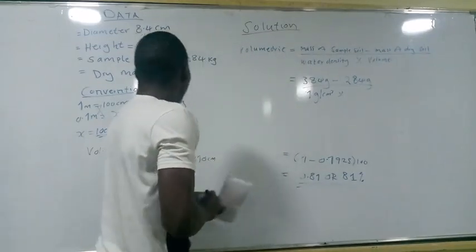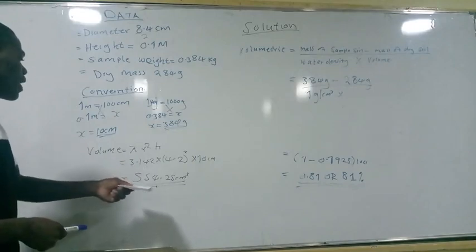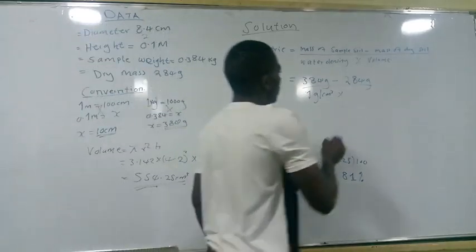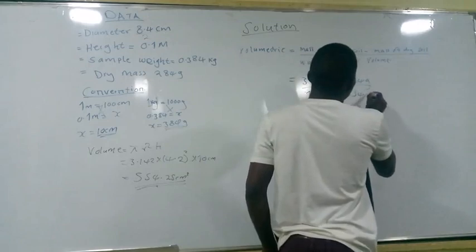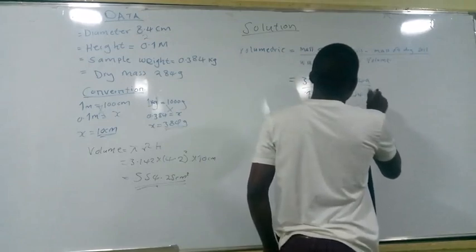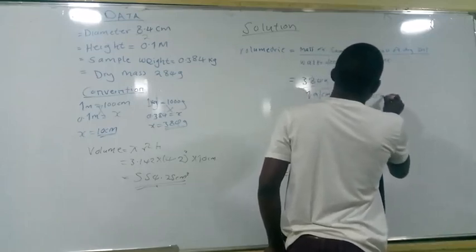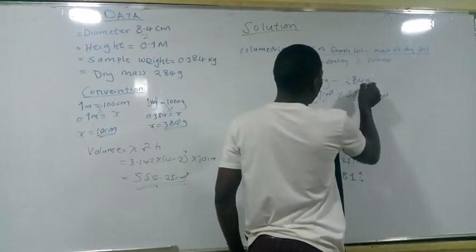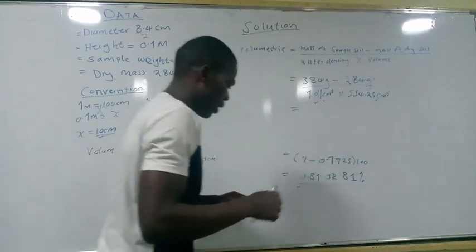The volume. What's our volume? Our volume we have already calculated here, 554.25. So this one is in cubic centimeter. So this cubic gone, this cubic gone, this gram gone, this gram gone. Only remaining is what? 1 gram.